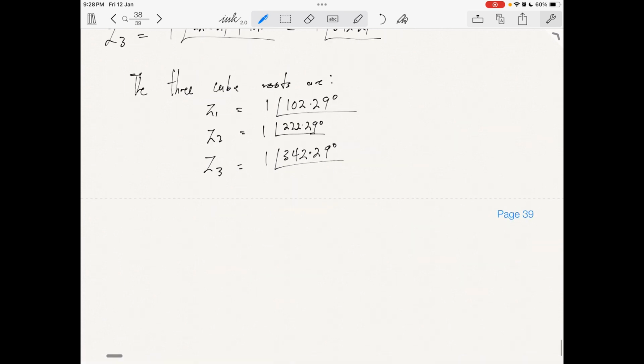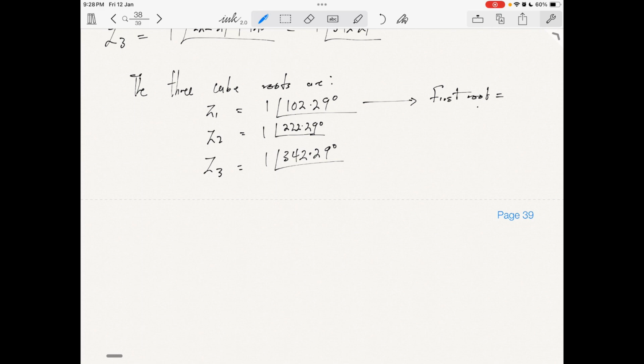Now we are required to convert the principal root. The first root z1 is the same thing as the principal root.